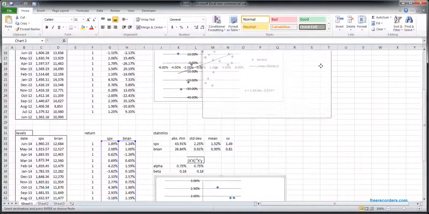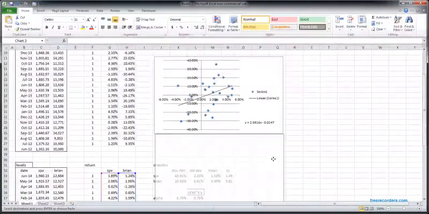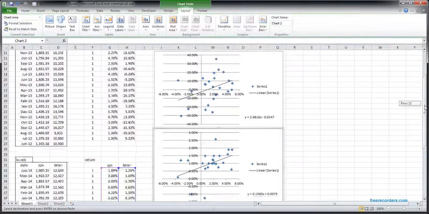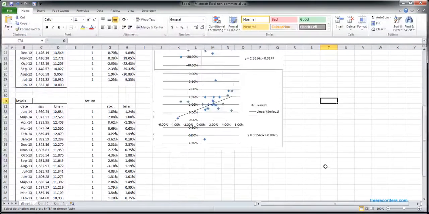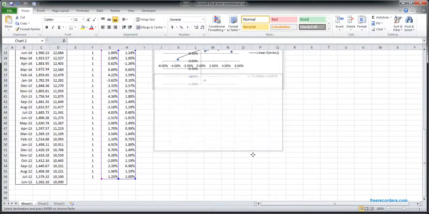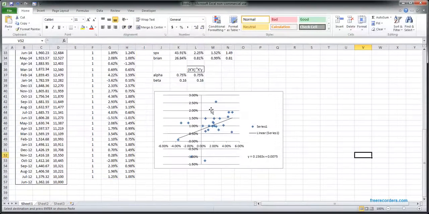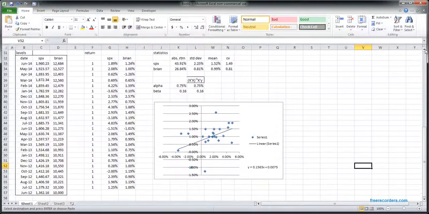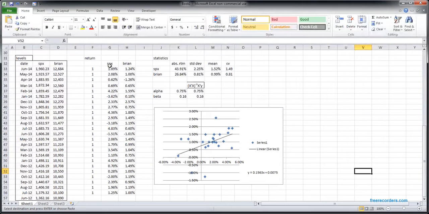So the difference between these two charts is interesting. These two scatter charts, we'll look at them together here. On the more volatile returns that we were looking at in the first video, our intercept of the y-axis is negative. It's below the x-axis. But in this case, the intercept is positive, meaning we have a positive alpha, or that we had better risk-adjusted returns for this strategy than the market had to offer.